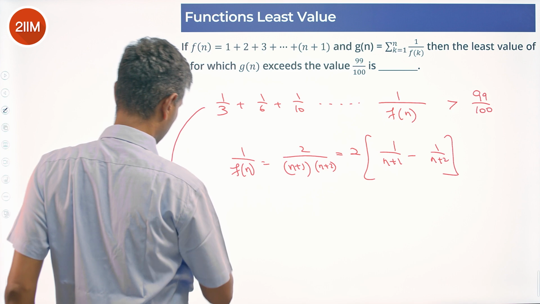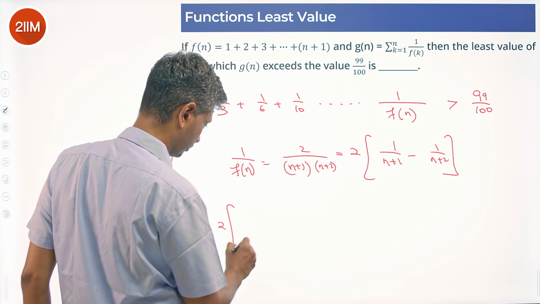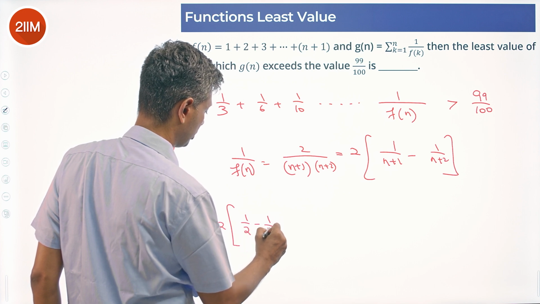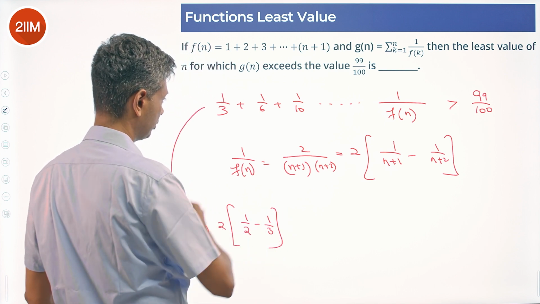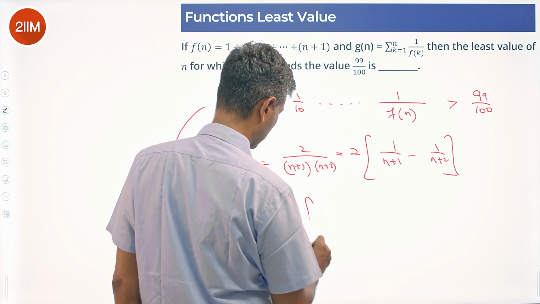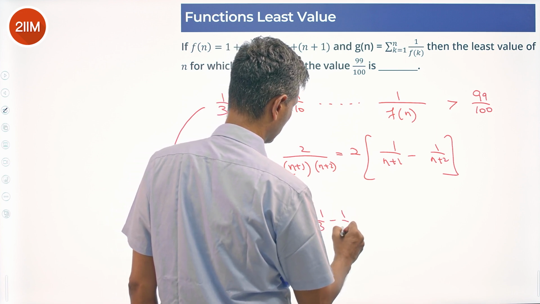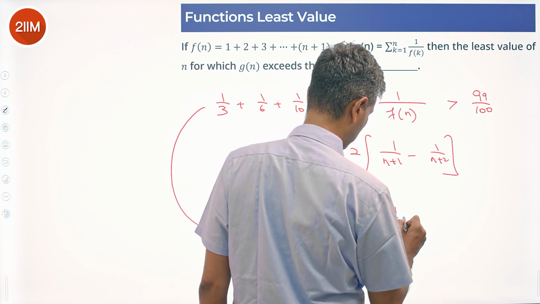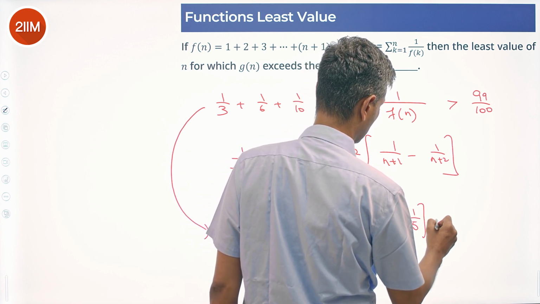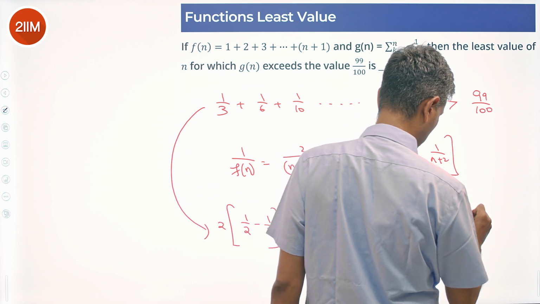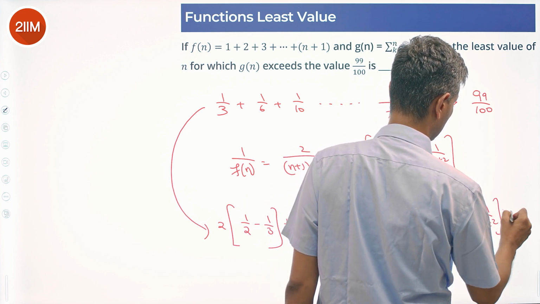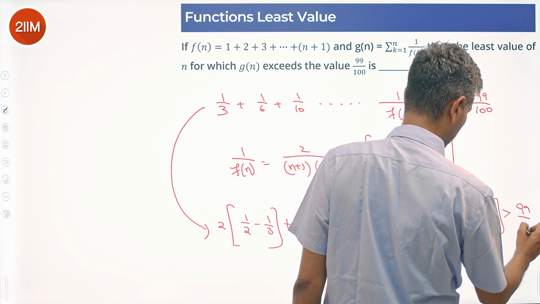So this expression becomes 2 times (1 by 2 minus 1 by 3), plus 2 times (1 by 3 minus 1 by 4), plus 2 times (1 by 4 minus 1 by 5), all the way till 2 times (1 by n plus 1 minus 1 by n plus 2). This is greater than 99 by 100.